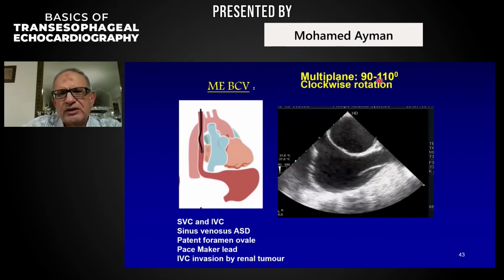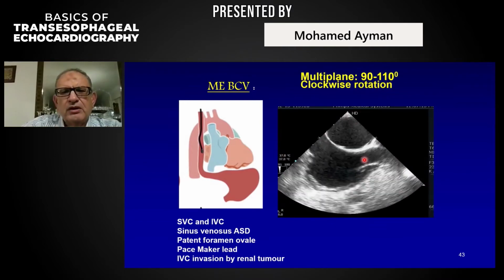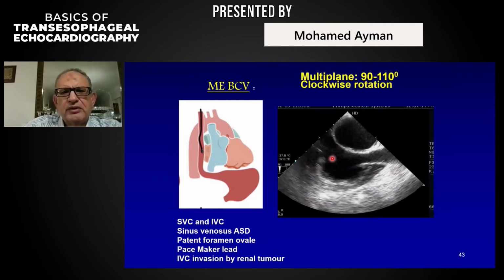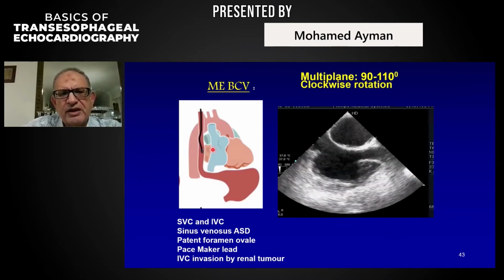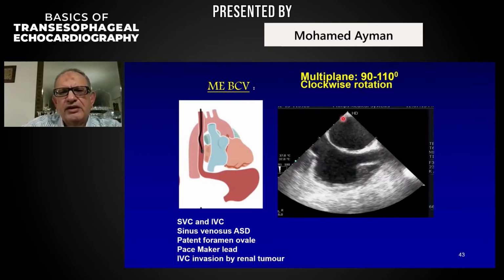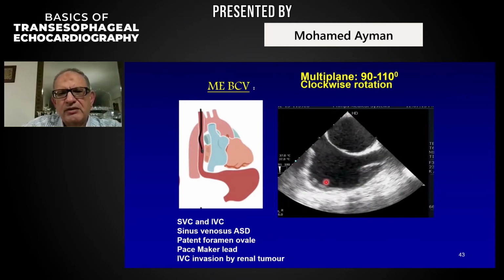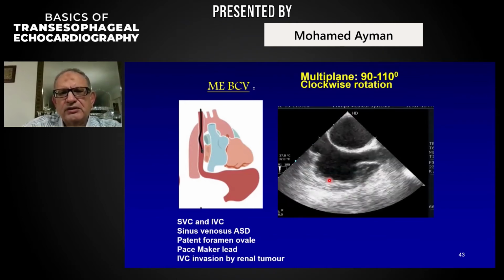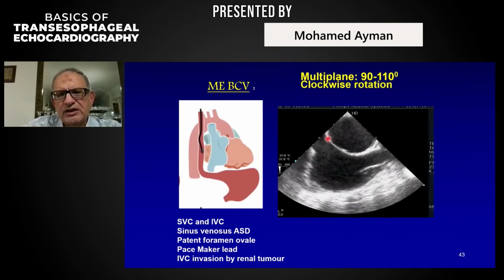At 90 to 110 degrees, with some clockwise rotation, we have what we call the bicaval view, still from the mid-esophageal view. You have here the left atrium close to the probe, right atrium in the far field, to your right hand the superior vena cava, and to your left hand this is the inferior vena cava.